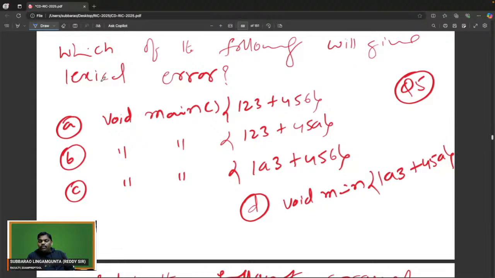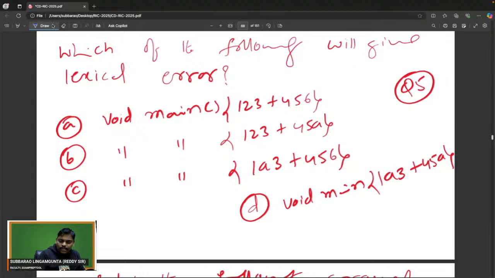Option D: void main 1A3 plus 45A. Can you try? What is the answer? Everyone can try.